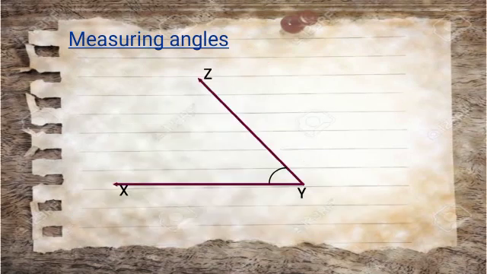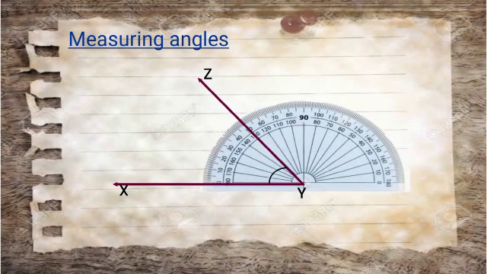Again, just follow the same steps. Here one angle is given. So what is the first step? You have to put the center of the protractor on the vertex Y. As you can see here, I put the center of the protractor on the vertex Y. Then here the position of ray YX is on the left hand side. So what you are going to do is start from the left hand side, see the division from the left hand side, and mark.